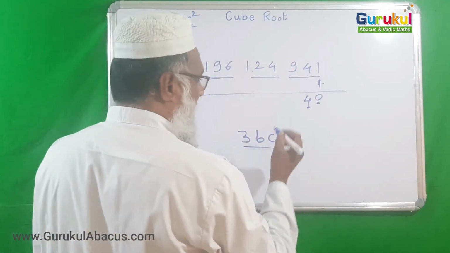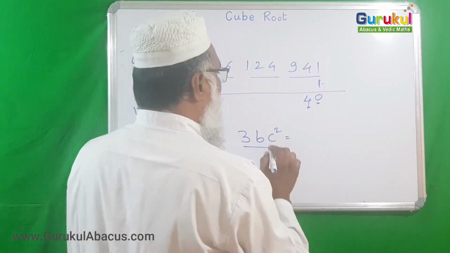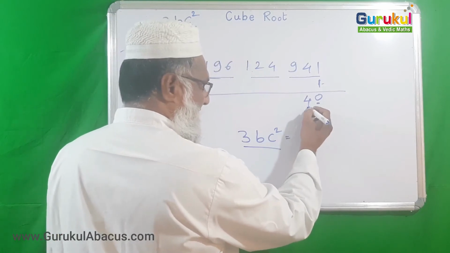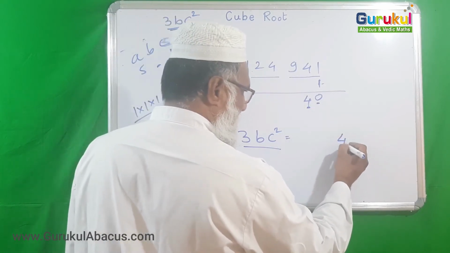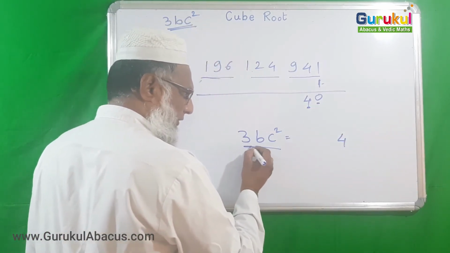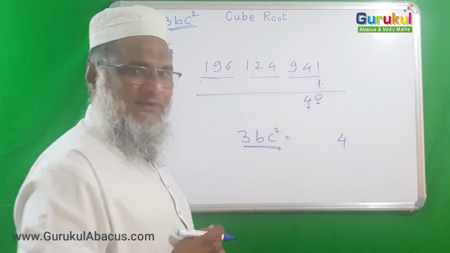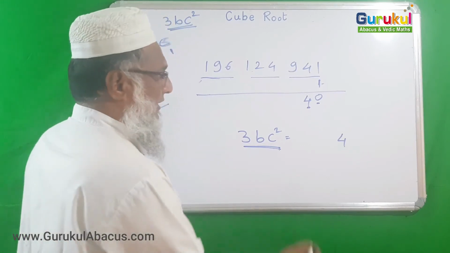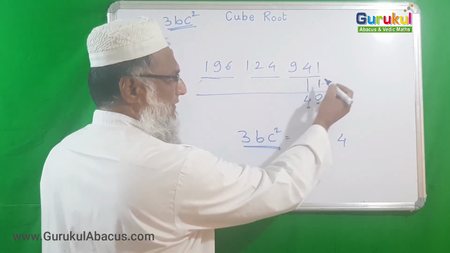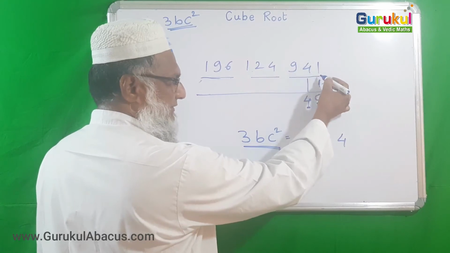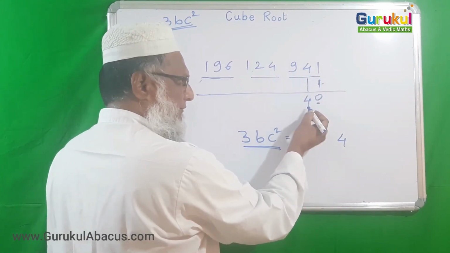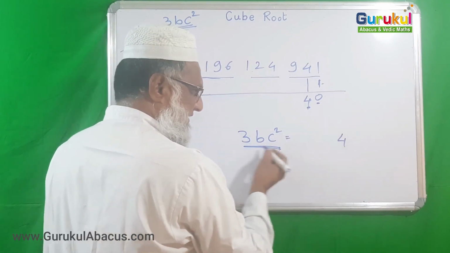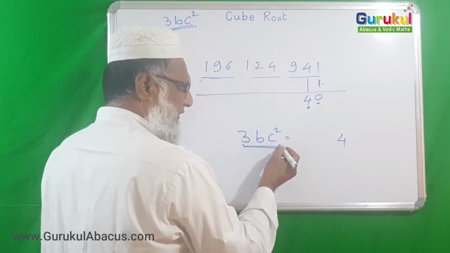Now we can understand one thing: this 4 is the last digit of the value of 3b square. Keep in mind, very simple. The middle digit we found after subtracting the cube from the last pair, 4, is the last digit of the value of 3b square.